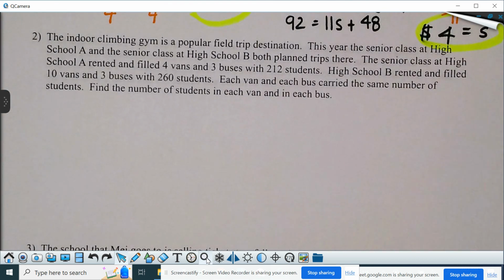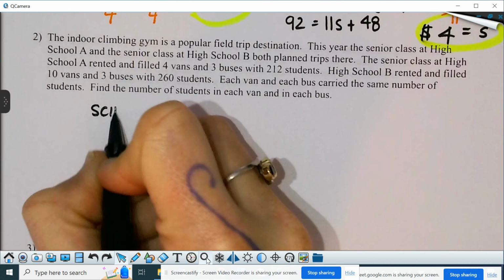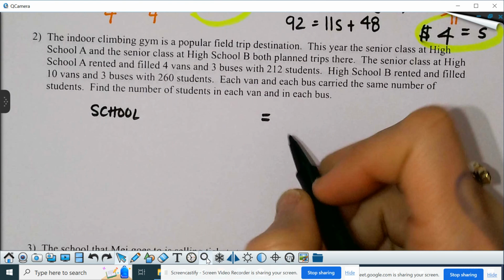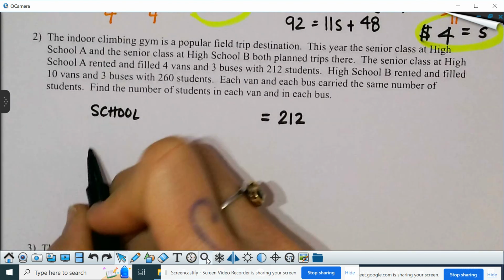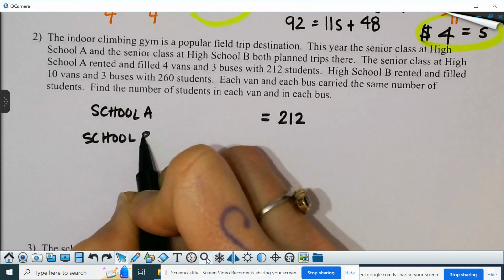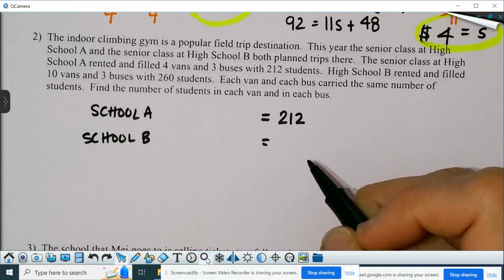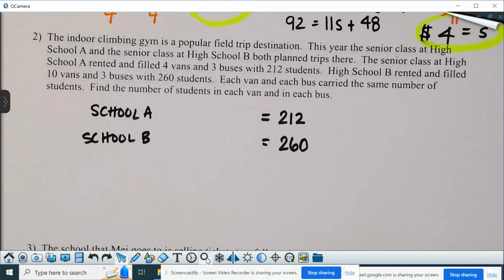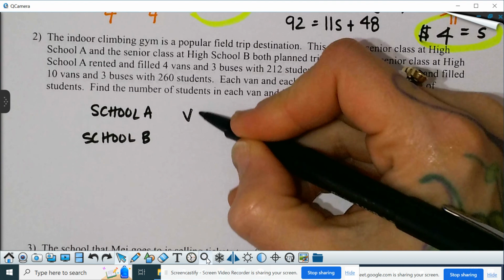So school A has how many total students going? 212, perfect. And then school B has how many students going? 260, right? Perfect. And then they took vans and buses. So I'm going to do vans plus buses.